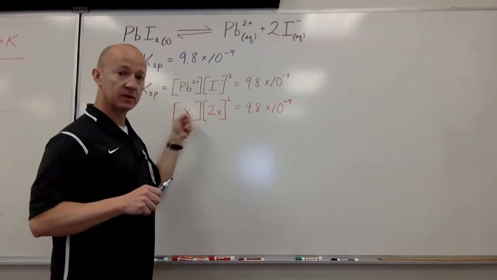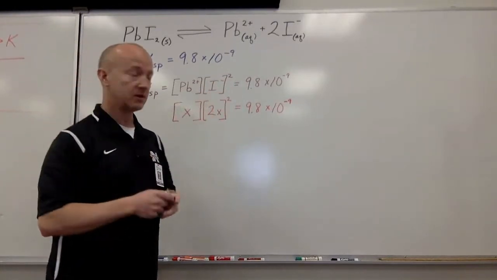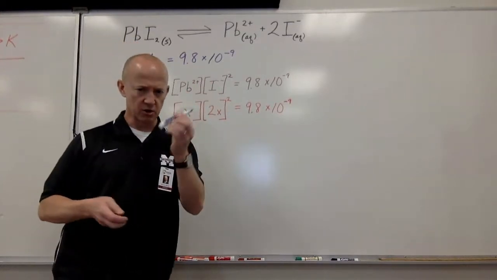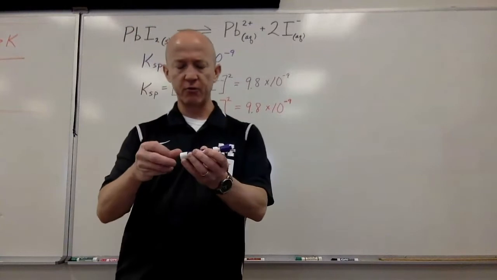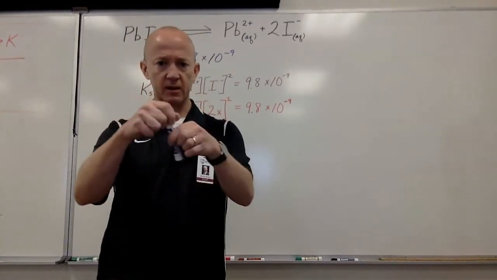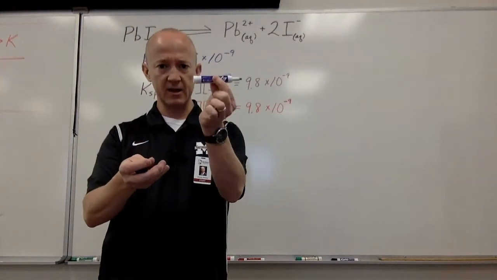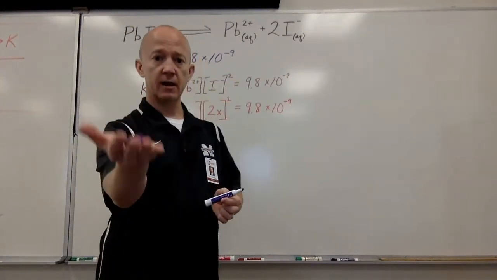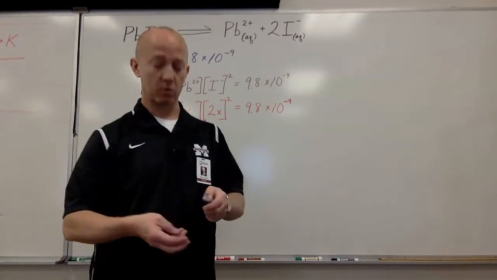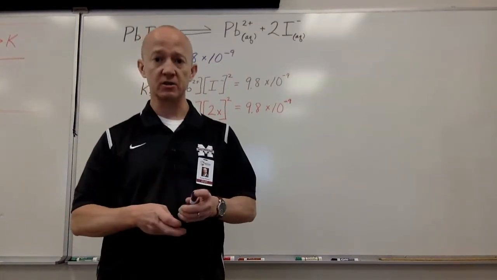This is just using the concentrations of each at equilibrium. Does that make sense? So remember, for every lead iodide I get into the water, it breaks apart to form a lead, X, and iodide, 2X. So now we can figure out the concentrations with a little math.